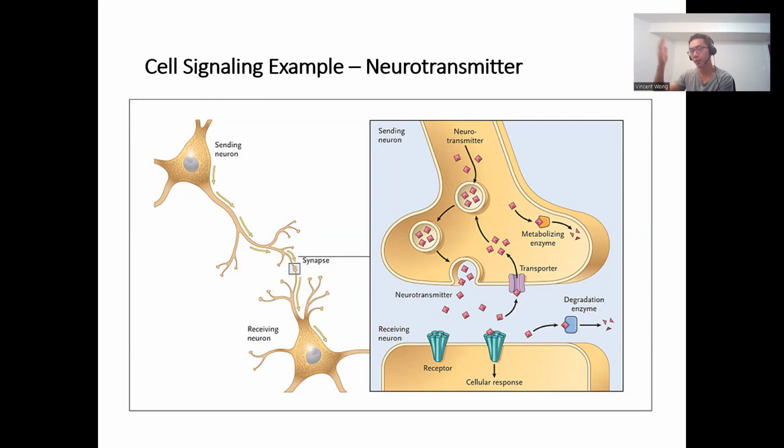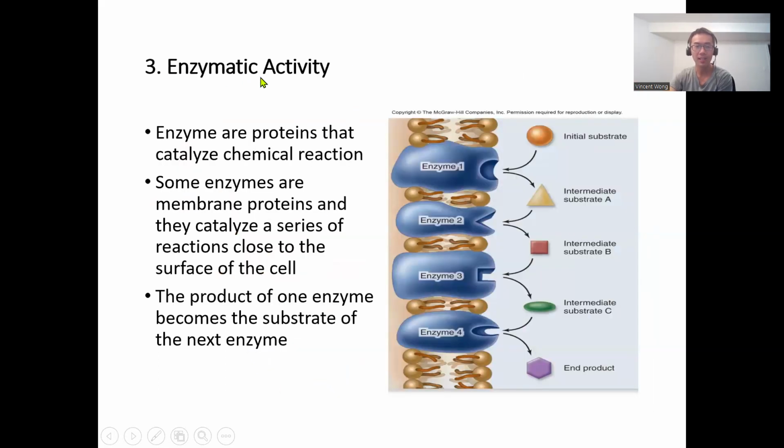Okay, so first function is to provide attachment sites. Second function is to function as a receptor to relay the signal from a hormone. Next is to perform enzymatic activity. This is not new. You already know that proteins are enzymes sometimes, and they help speed up chemical reactions.